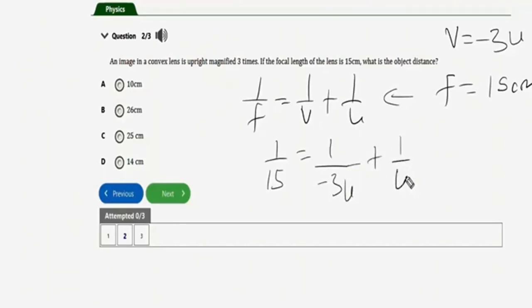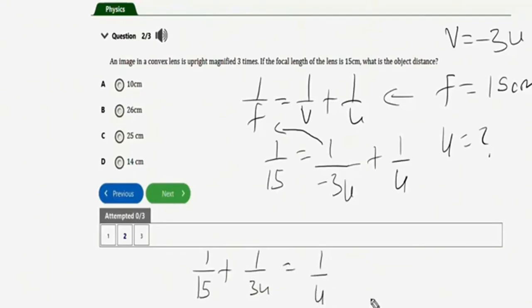We are looking for u, which is unknown, the object distance. So let's continue. Solving further, this crosses over the equality sign and changes to a positive sign. So we have 1 over 15 plus 1 over 3u equals 1 over u.